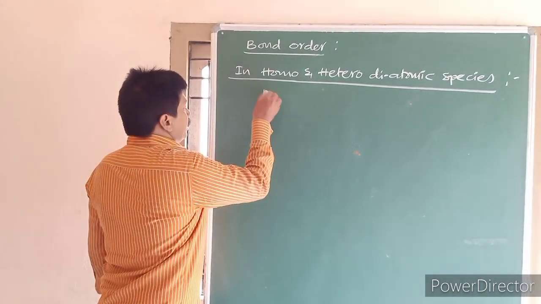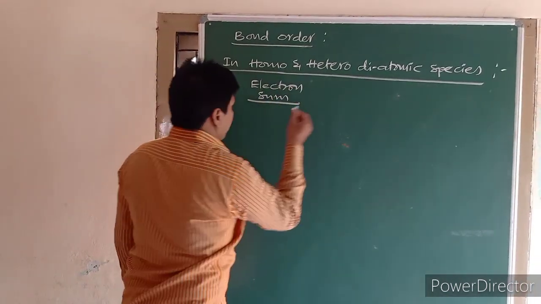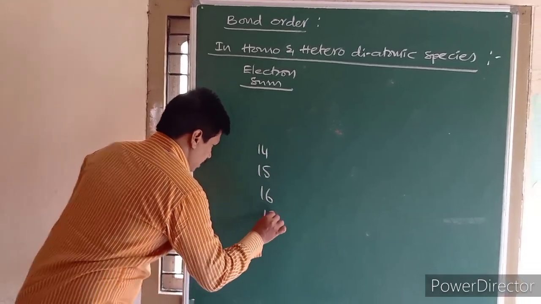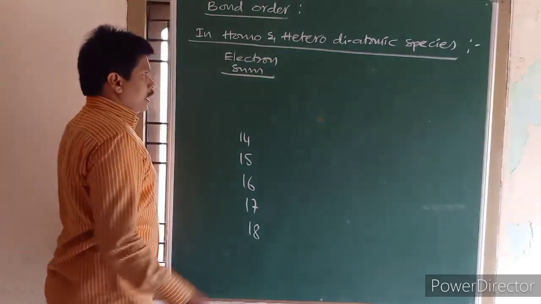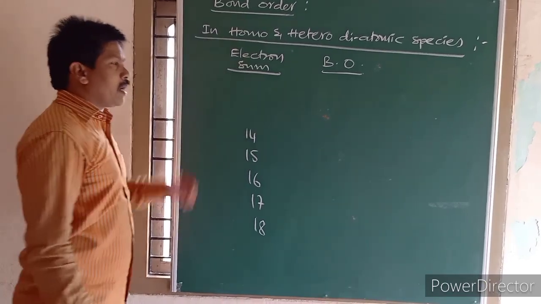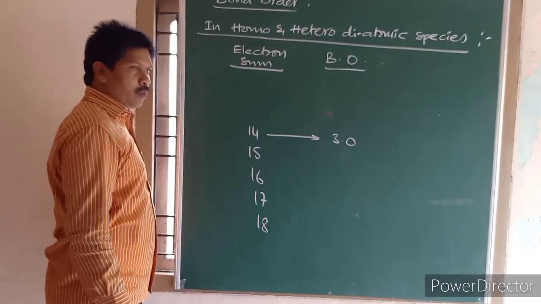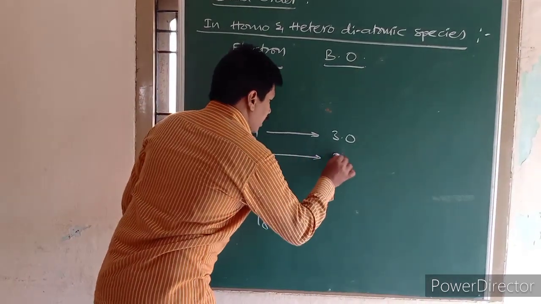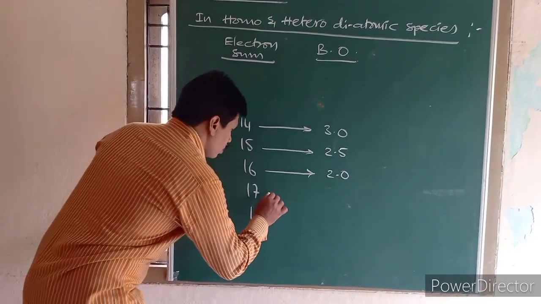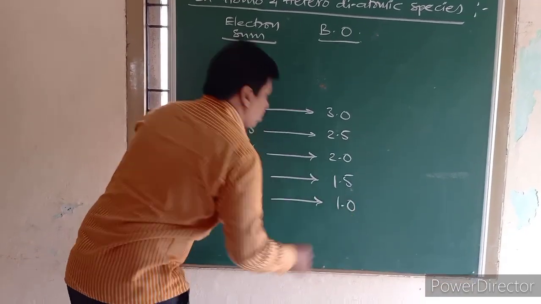If the electron sum is equal to 14, its bond order becomes equal to 3.0. If it is 15, the bond order is 2.5. 16, 2.0. 17, 1.5. 18, 1.0.